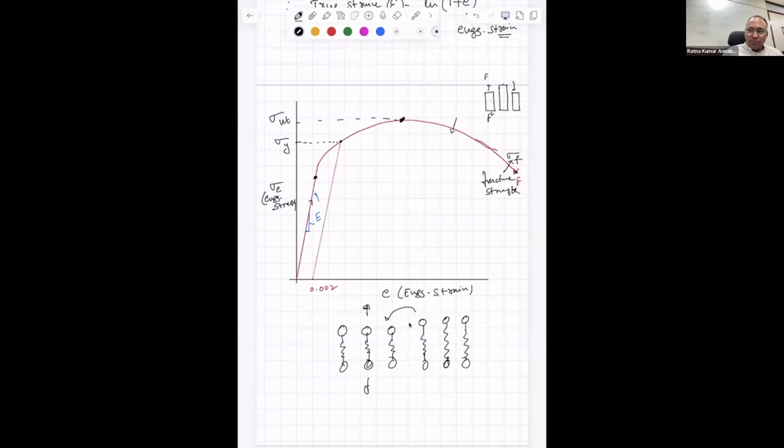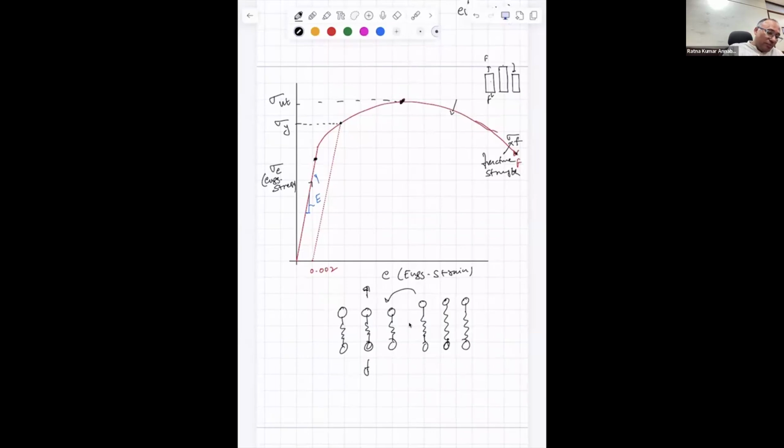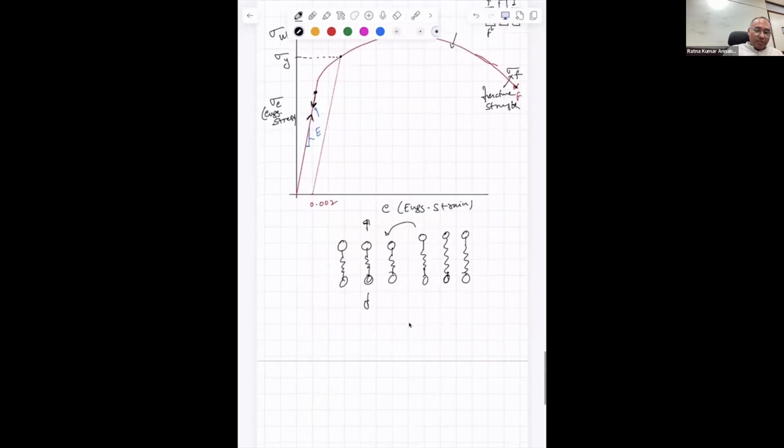Is that clear to all of you? And hence, if I load up to here and suddenly remove the load, the material will go back to its original configuration along this path. Why am I saying that path? Because the bond stiffness did not change.